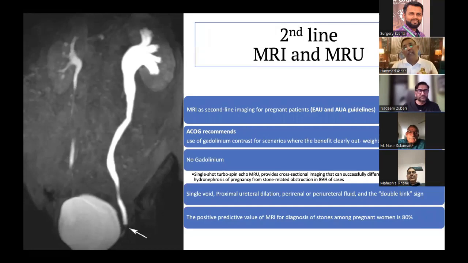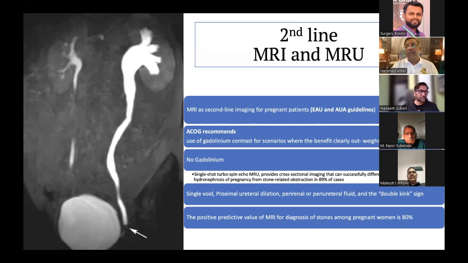You're looking at periureteric collection of fluid, and you're looking at the double kink sign, which essentially means that there is a column of distal ureter and then there is a dilated proximal ureter, and between these two there is a defect. So this is what you're seeing here. This is called a double kink sign, and that's diagnostic of obstructive uropathy rather than physiological dilatation.